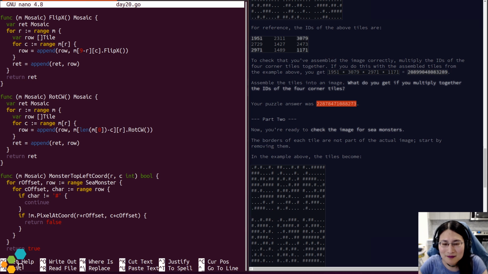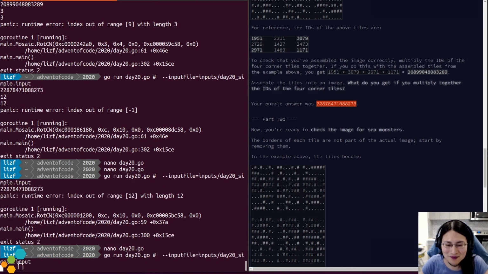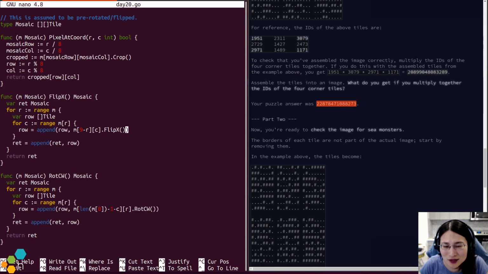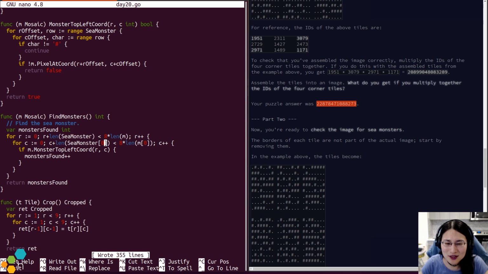Oh, -1 minus C. Off by 1 errors get you every time. Line 47 now is wrong. Yep, 9 minus 1 minus R. Same deal there. Oh, and not just that, there we go. Just bad constants.